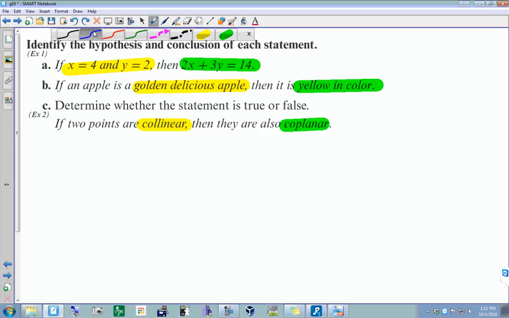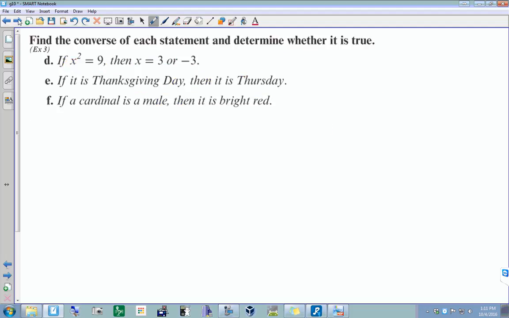Bad idea. Yeah, but could I put that line on a plane? True. If 2 points are collinear, then they are also coplanar. Because how many points do you need to make a line? 2. So, I'm going to give you another 90 seconds here, and I want you to do these.